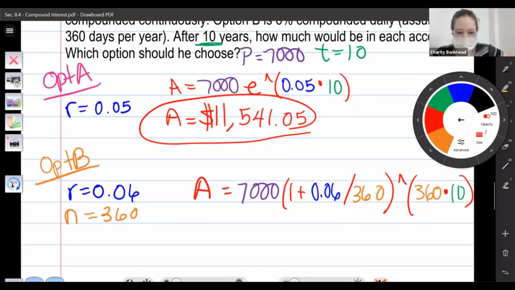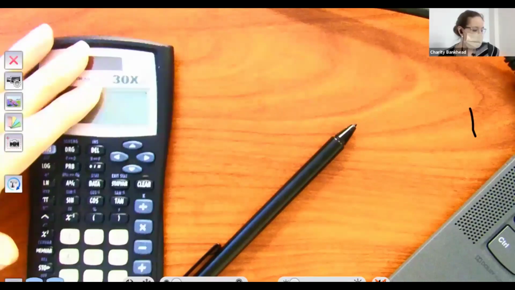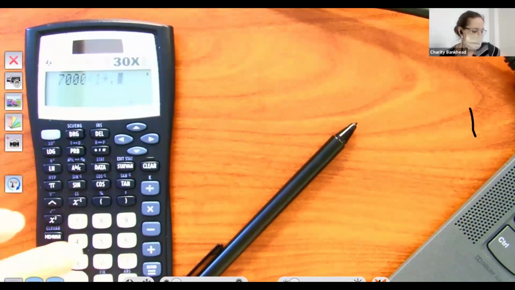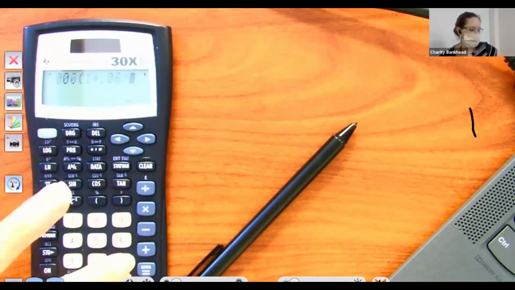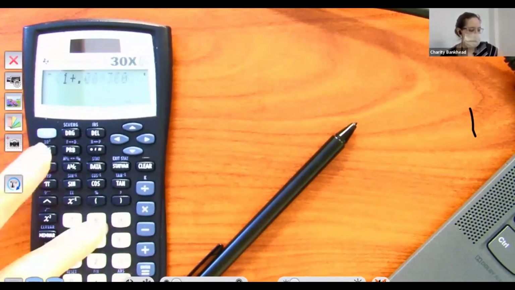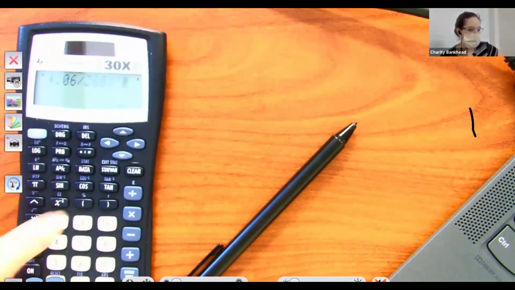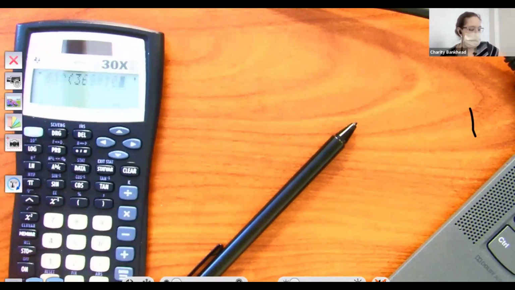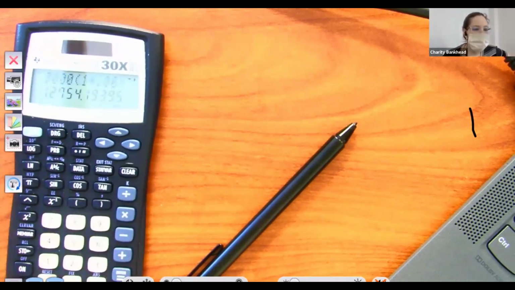And then we're just going to put that into the calculator. 7,000, open parentheses, 1 plus 0.06 divided by 360, close the parentheses, to the power of, open parentheses, 360 times 10.